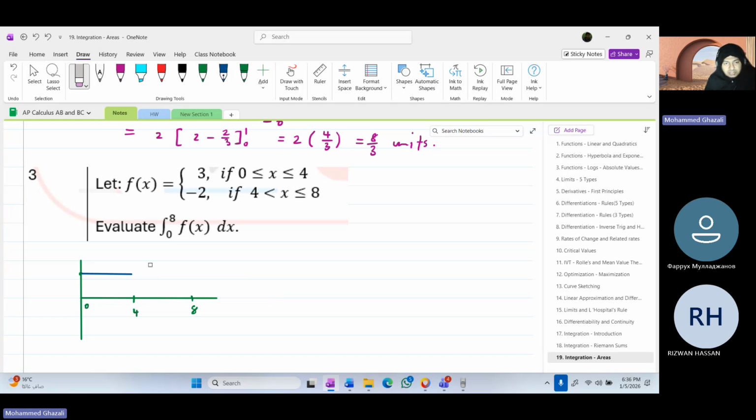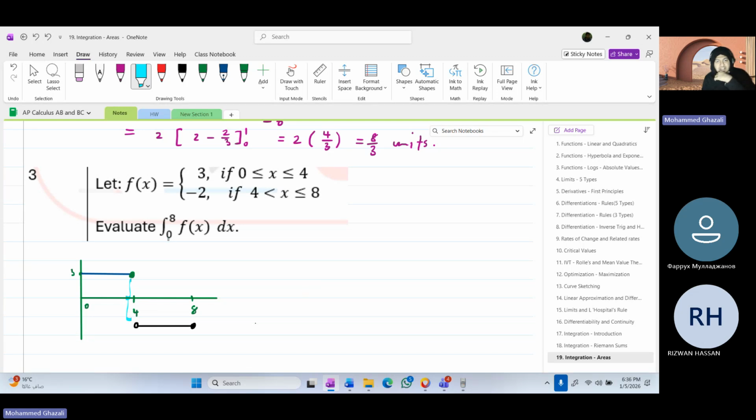From 0 to 4, including 0, including 4, okay? And then minus 2 from 4 to 8. From 4 to 8, 4 is not included, 8 is included. Remember the type of discontinuity here at 4 is a jump discontinuity, right?